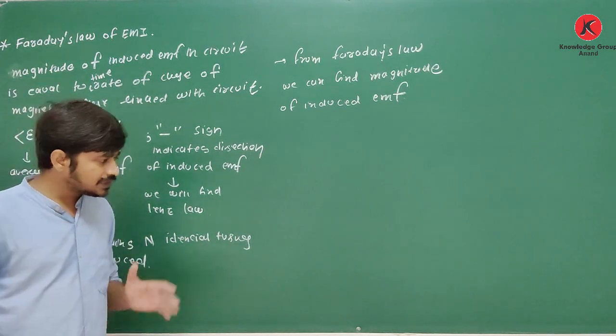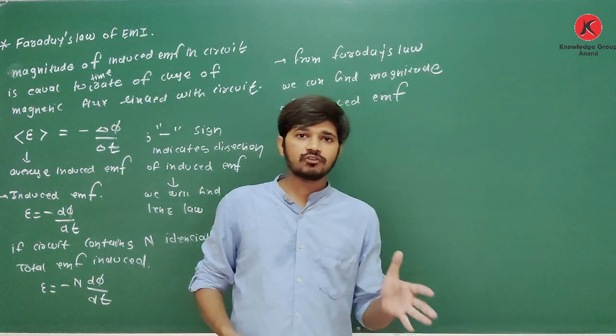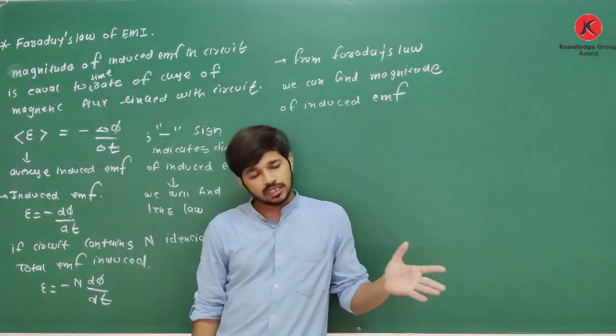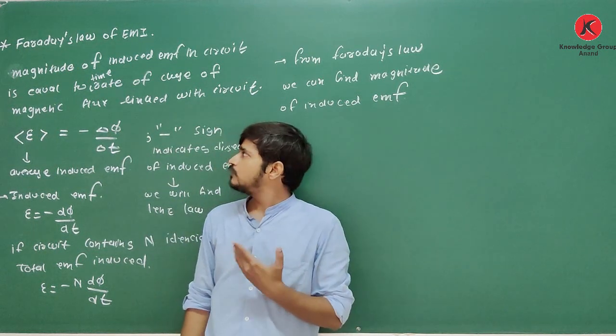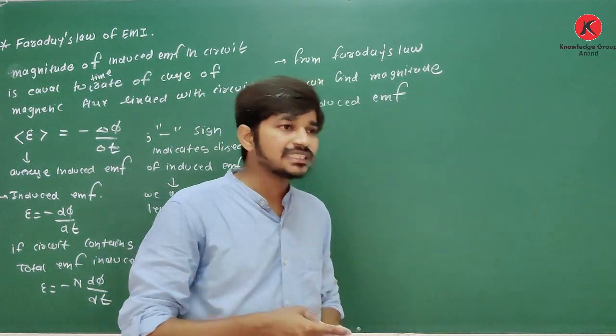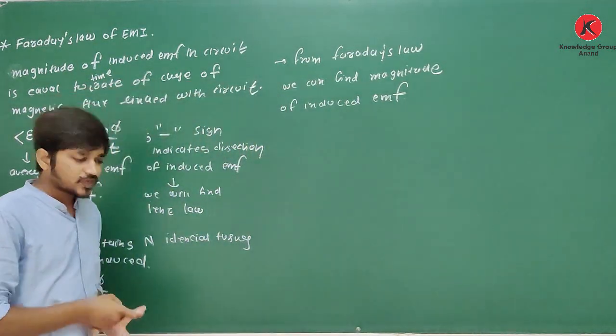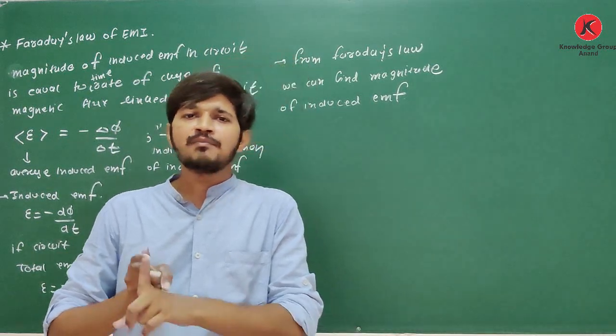Yes, students, electromagnetic induction is one important topic, because in regular life, some appliances which are used have this concept, that is electromagnetic induction. So what is the concept of electromagnetic induction? EMF is induced, current is produced in the coil due to change in magnetic flux.